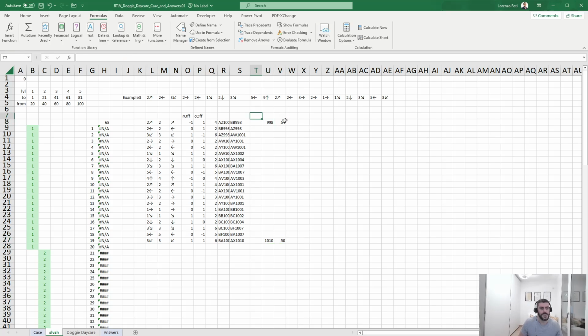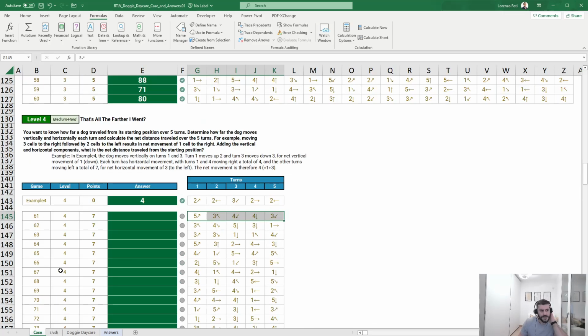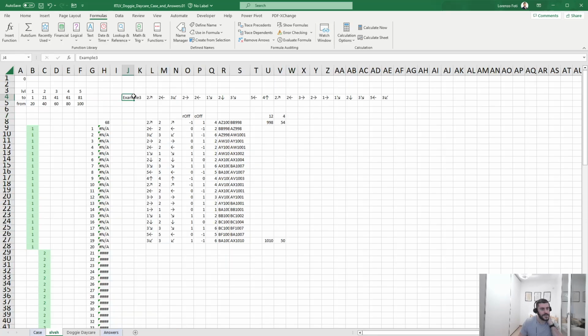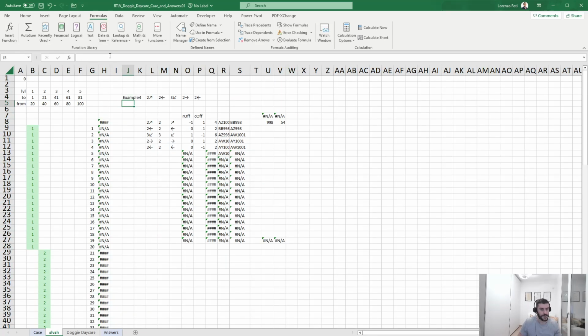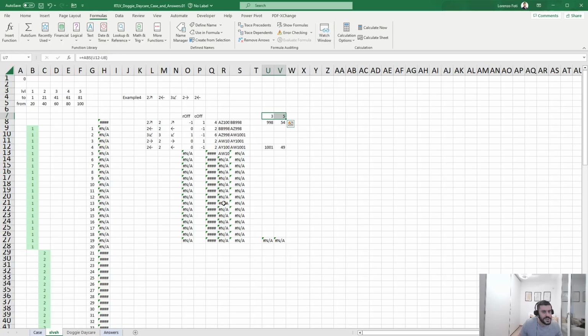And then you simply say that you want the absolute value of this minus this, and the same thing here. Then you can sum, so you should have 16 as the first answer. Yeah, the problem is that I was pointing to the wrong data set, this and this. So 5 plus 3 is 8, which is not right. That's interesting.